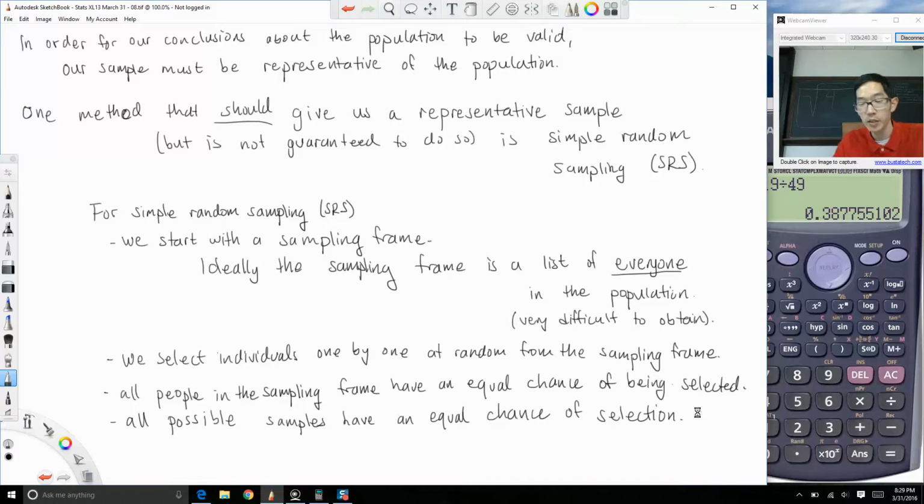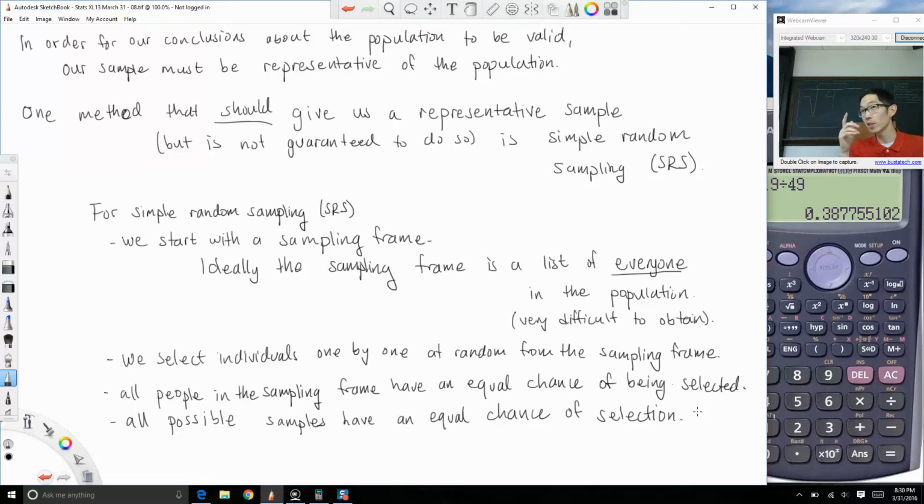Okay. And what I mean by all possible samples, you can think of a lotto ticket, okay? Lottery numbers are drawn using simple random sampling, right? Let's say there's 60 numbers, I have no idea, okay? And then you just draw them one by one out of the tank. What this does is that every single number has an equal chance of being selected, and every single possible sample, or every single possible combination of numbers, has an equal chance of being selected.